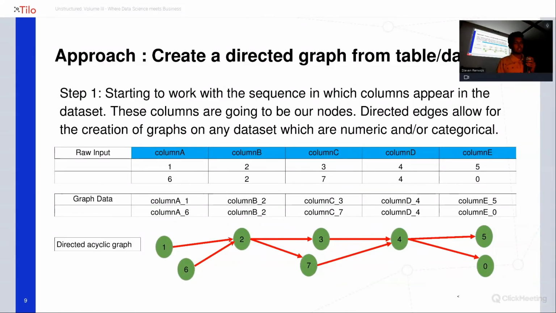Column A underscore 1 is one node, column B underscore 2 is another node, and somehow I created a graph. It's a directed graph. It has directionality, and for this direction, I assume the way you have created your data frame or the way you are storing the data is the direction, at least for the first iteration. When we run our next iteration, you will realize we are changing the direction based on the Google PageRank.